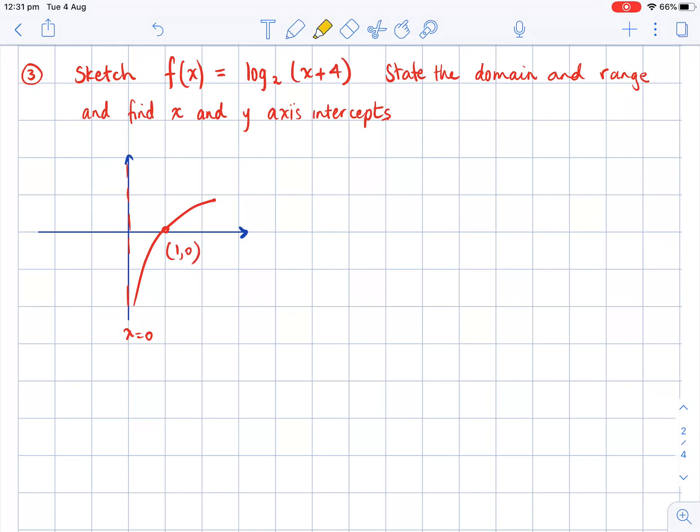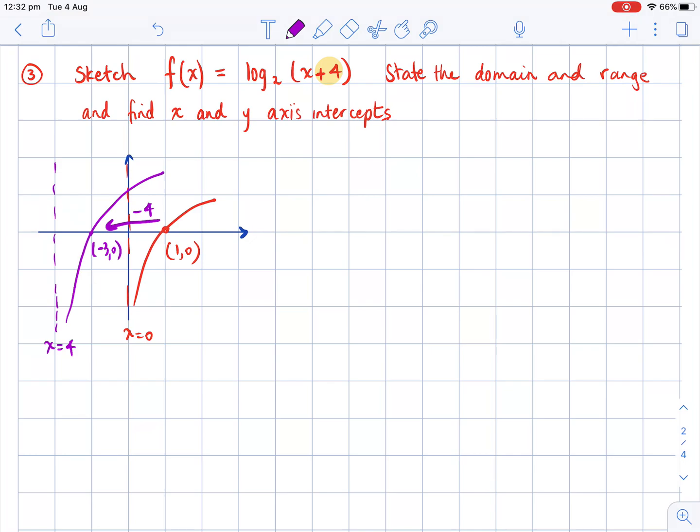And then from my transformations here, I've got a plus 4 inside the brackets, so that's going to move my graph left 4 places. So I know that my new graph is going to be back over here somewhere. If I've moved 4 places to the left, that's now x equals negative 4. And my intercept is going to be at negative 3, 0, because I've moved back 4 places.